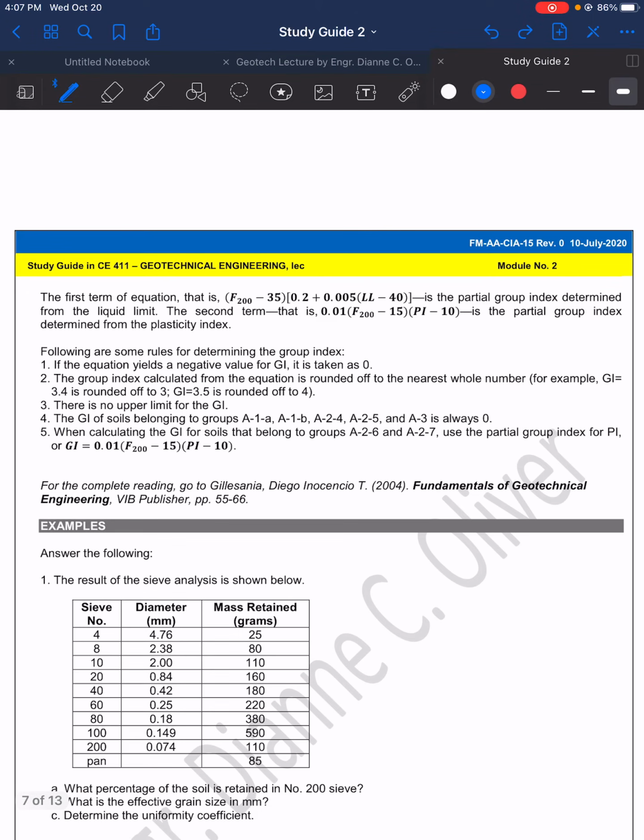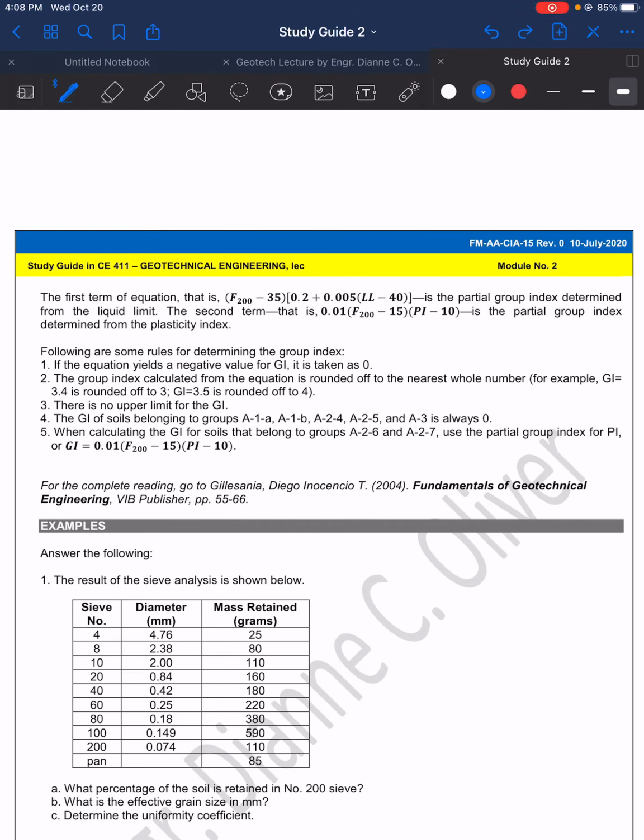Okay, for the formula, the first term there is the first term of the formula a while ago. It is the partial group index determined from the liquid limit. Okay? And the second term is 0.01 (F sub 200 minus 15)(PI minus 10).